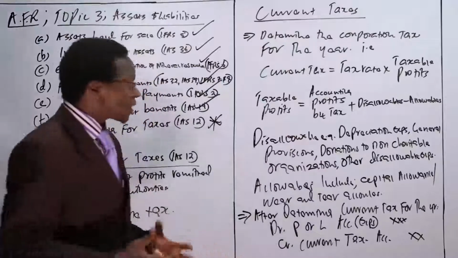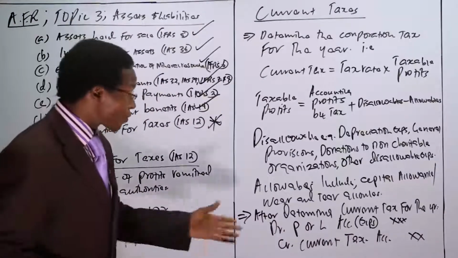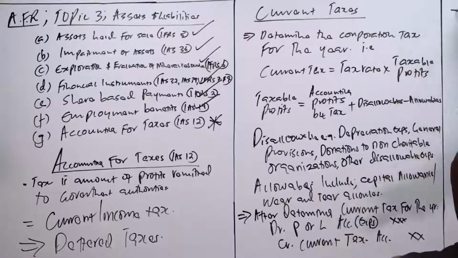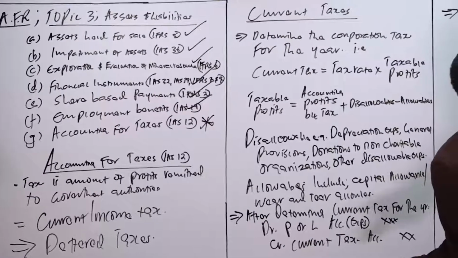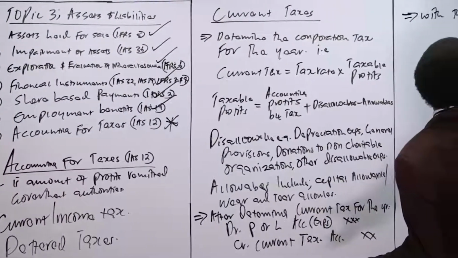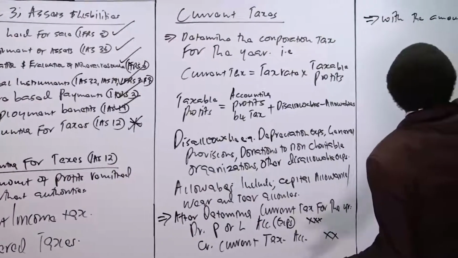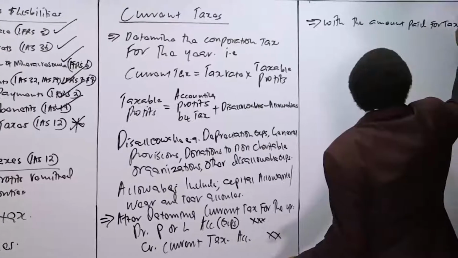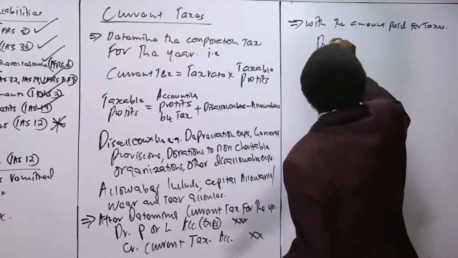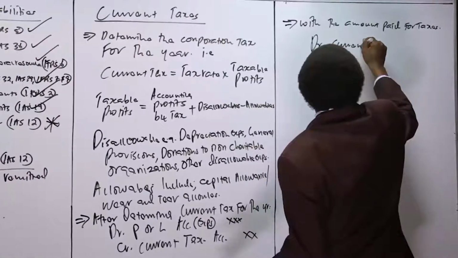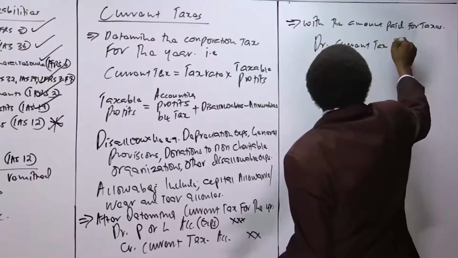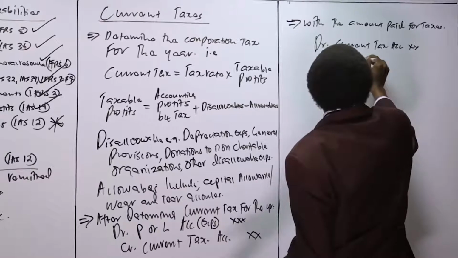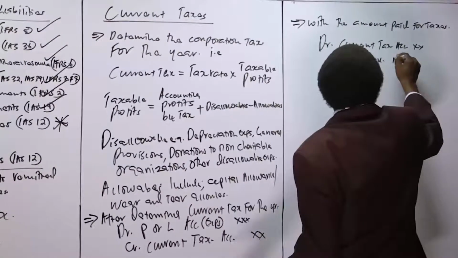So that is the tax expense, the corporation tax for the year. With the amount paid for taxes, we debit our current tax account with the amount paid, and we credit our bank account.